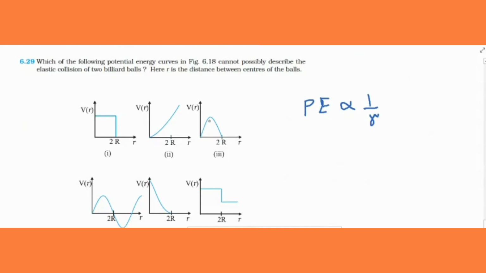Now look at these graphs. The shape of a reciprocal graph will be like this. So P and R. We have only one graph in that way. This graph.